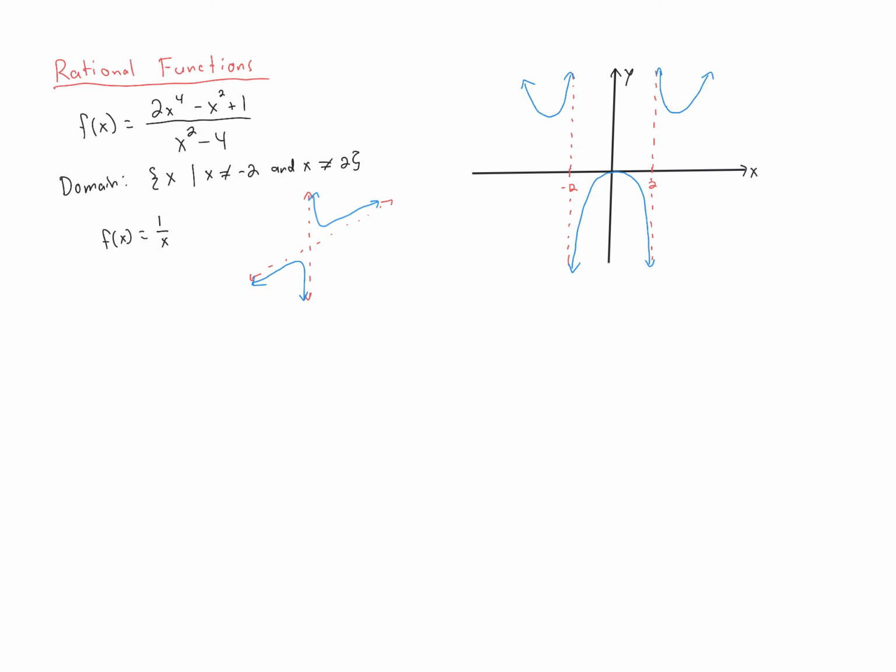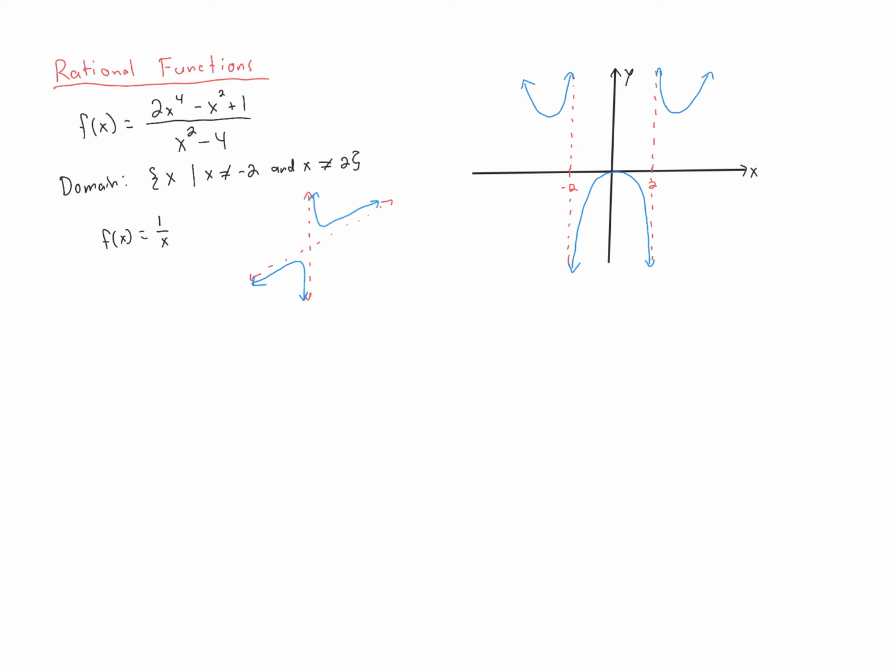There's a lot that can happen with rational functions. Typically in an algebra or pre-calculus class, you'll spend a good week or so looking at rational functions, so we're just doing a very quick glance now. If you want to spend more time looking at more examples of rational functions and the different types of asymptotes and when they occur, you're more than welcome to do that, but it's not really necessary right now.